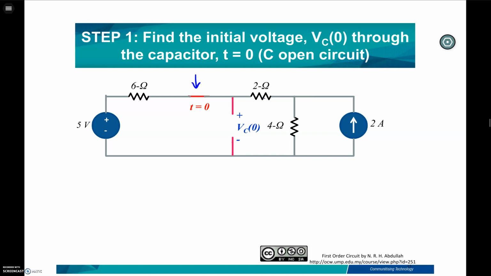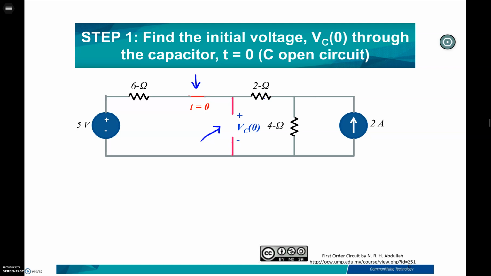And then the capacitor is at maximum charging, and will be open circuit. So here the capacitor is open circuit, and there will be a voltage across the open circuit.